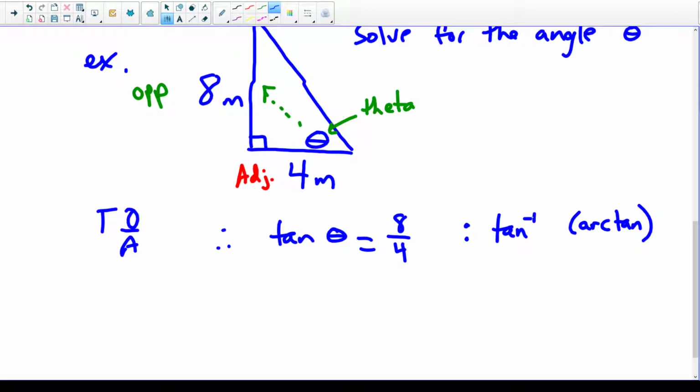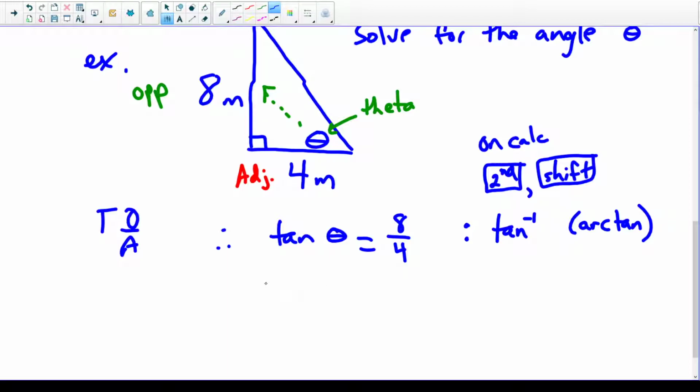It means the inverse function of tan, or the anti-function of tan. All right, and to get that button on your calculator, you often have to use the second button or the shift button on your calculator, and then press the tan button. It's usually right above the tan button.